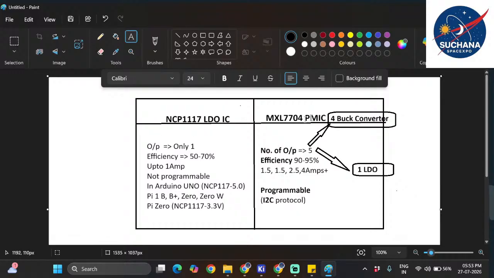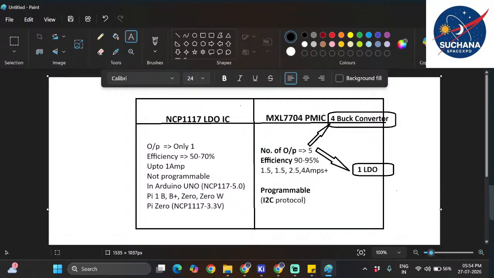Now tell me which is preferred. This PMIC, power management IC, comes with both buck converters and low dropout voltage regulators.